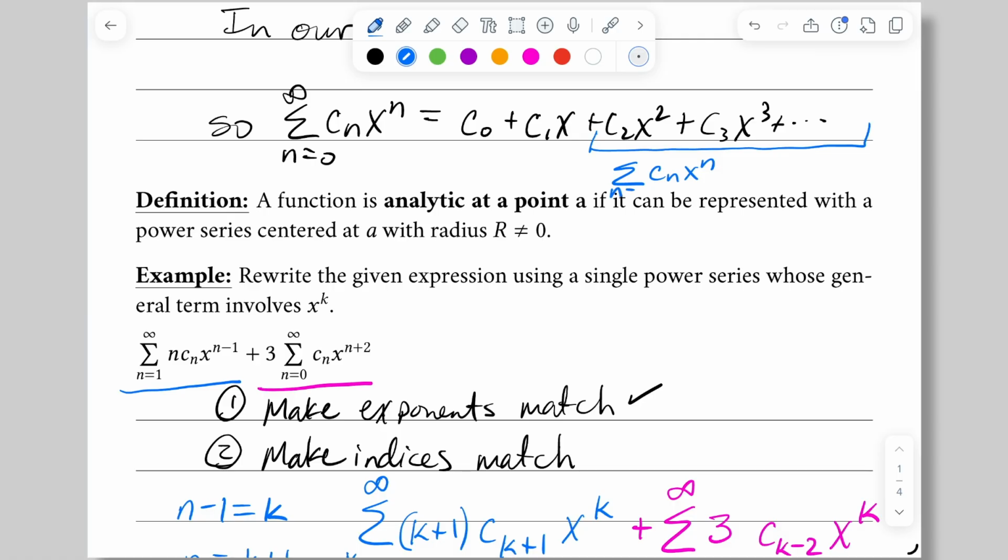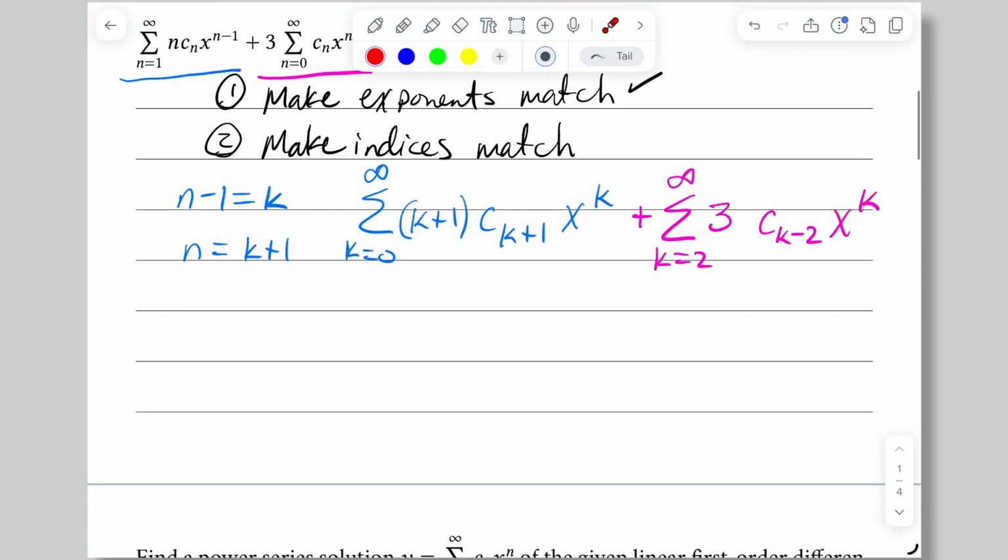And here what I've done is I've stopped it where n is equal to 2. So we've got c sub 0 plus c sub 1 x plus the sum as n goes from 2 to infinity of c sub n x to the n. We've achieved raising the index by writing down the terms that we get from the index values smaller than the one we started with. Yeah, okay, that was a little convoluted.